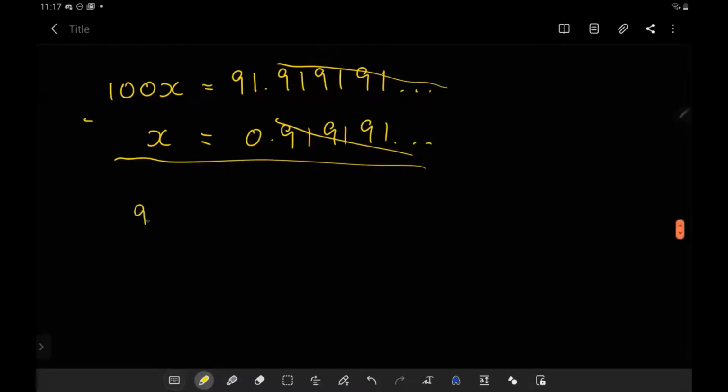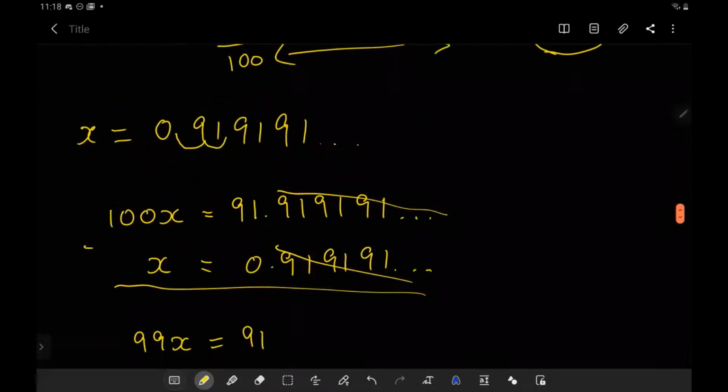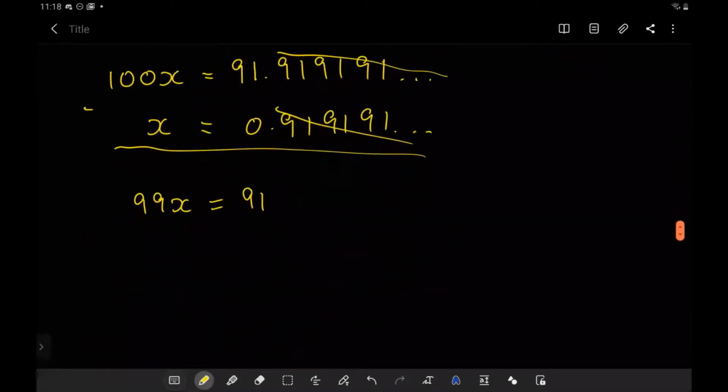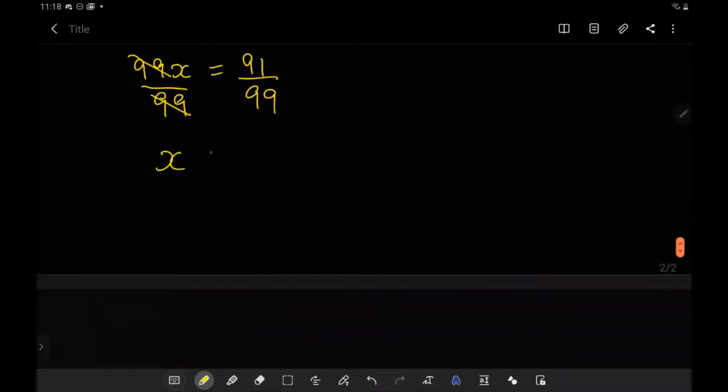So I have 99x remaining. And 91 minus 0 is how much? 91. So I want to know what x was. Remember, I want x as a fraction, so all I need to do is divide both sides by 99. This cancels, and I get that x is equal to 91 over 99.